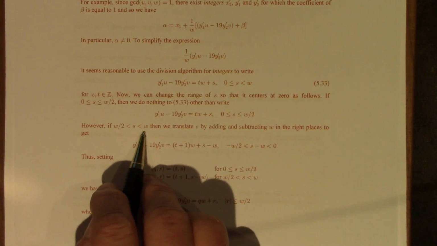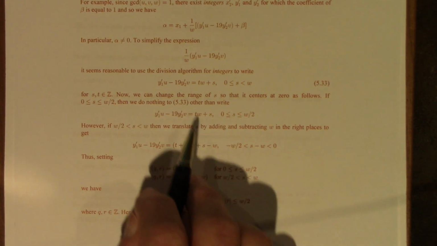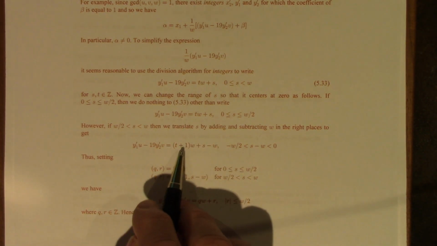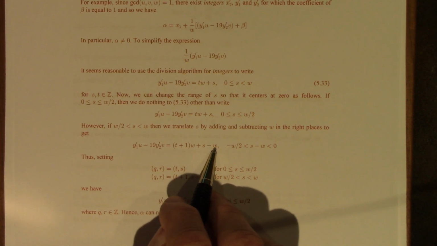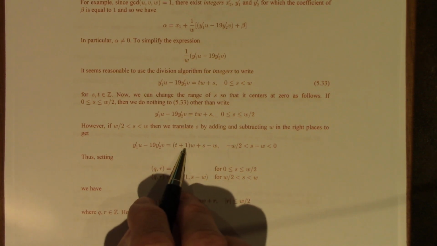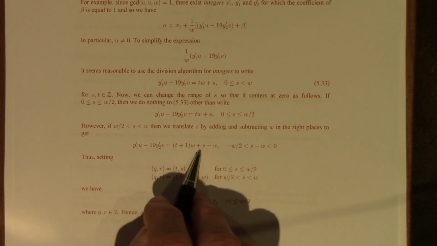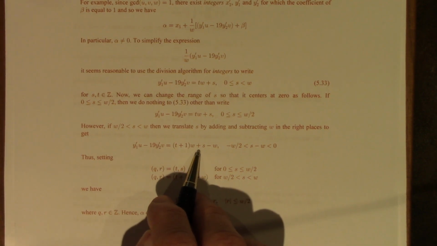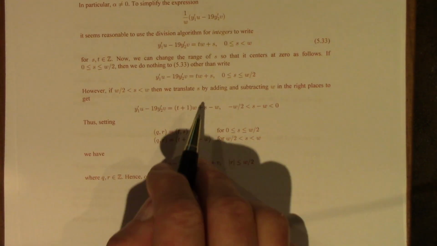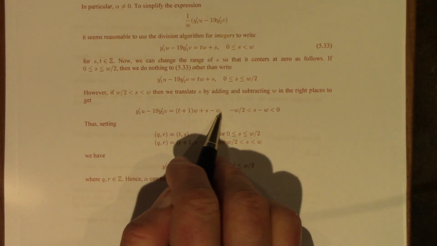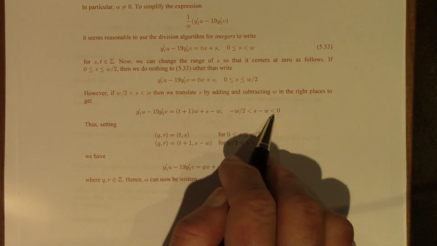If s is bigger, it's between w over 2 and w, then we can tweak this equation a little bit by subtracting w from s, but then adding it back over here so we don't change anything. So it's the same equation, just rewritten in a different way. And this portion, s minus w, now lies in this range.